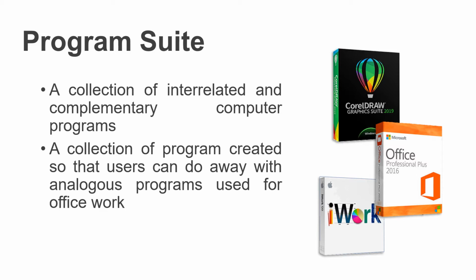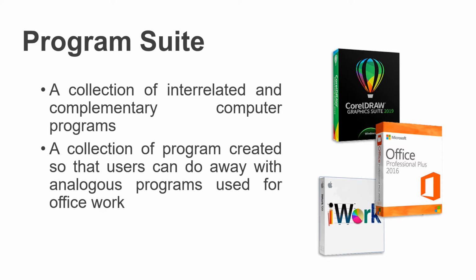However, the software may be analogous in terms of their purpose. So for example, Microsoft Office Word is analogous to Google Docs. And Microsoft Office PowerPoint is also analogous to Google Slides.